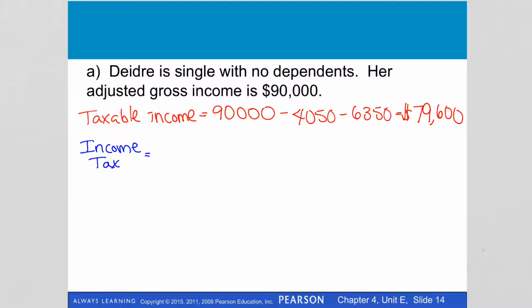And this is the long part. So, she has a part that she'll pay 10% on. Then, there's a part that she'll pay 15% on. And then, she was in the 25%, right? There's a part that she'll pay 25% on.